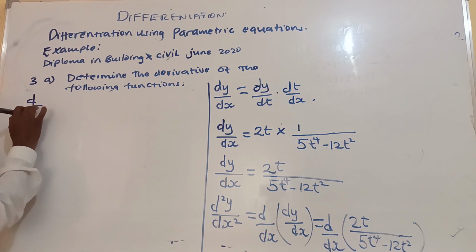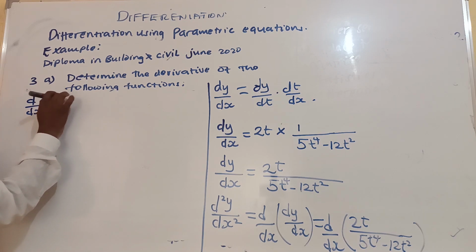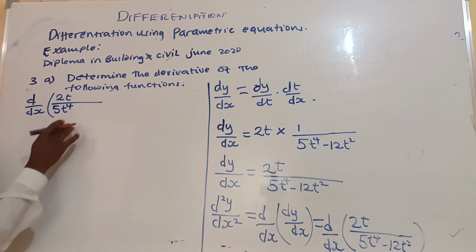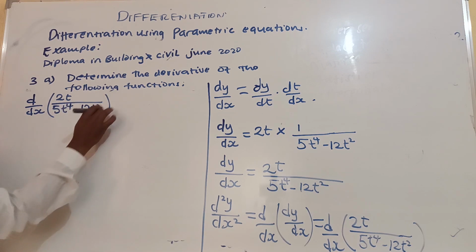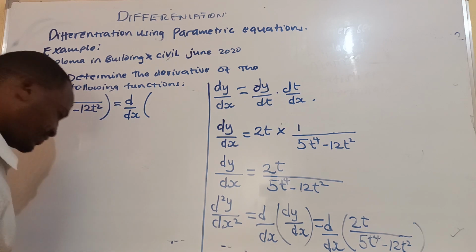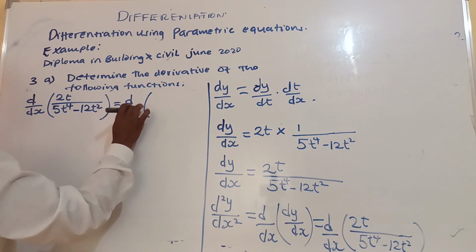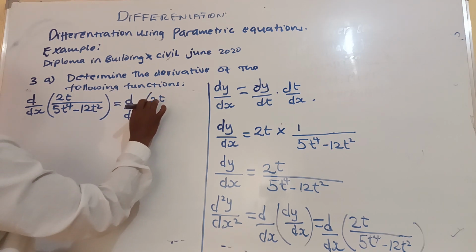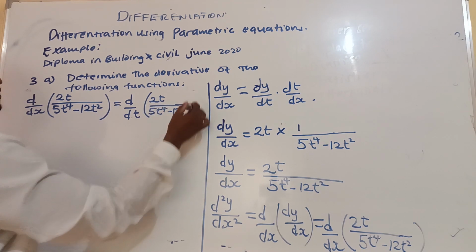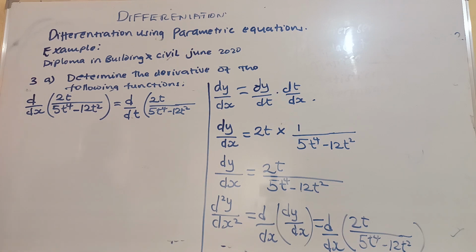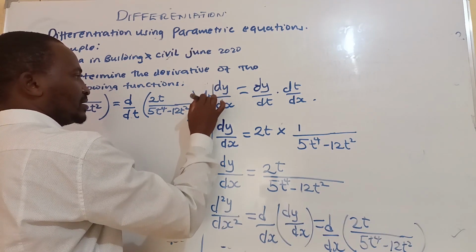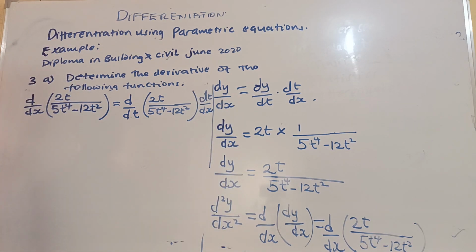To get that derivative with respect to x, 2t all over 5t to the power 4 minus 12t squared is equal to the derivative, not with respect to x, with respect to t, of 2t over 5t to the power 4 minus 12t squared, and then we multiply with dt/dx.